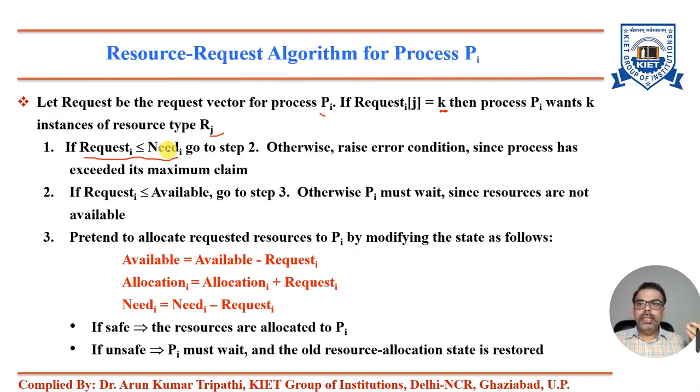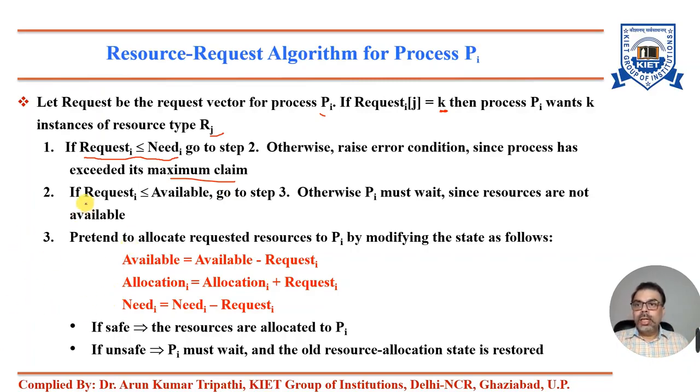So firstly, it will check whether the request is less than or equal to need. Otherwise, raise an error condition since the process has exceeded its maximum claim. Resources more than my need cannot be allocated to me.